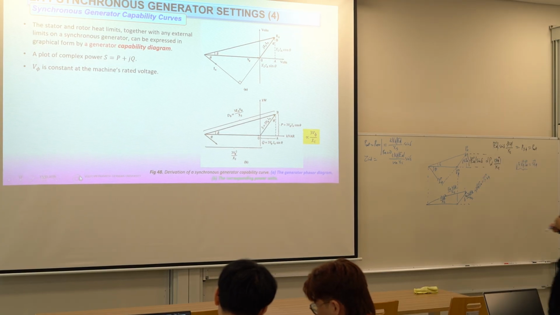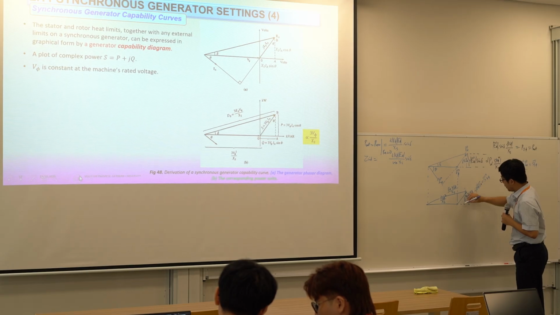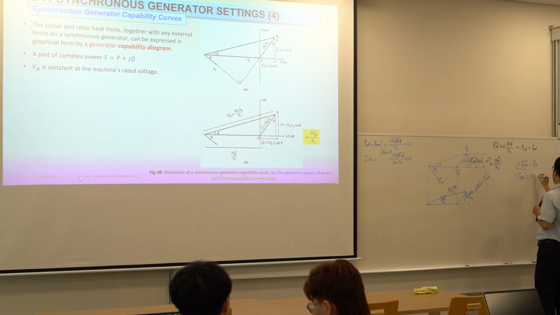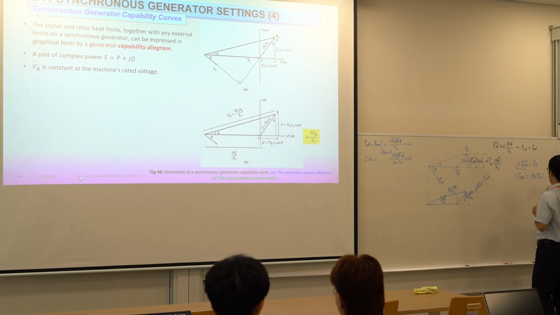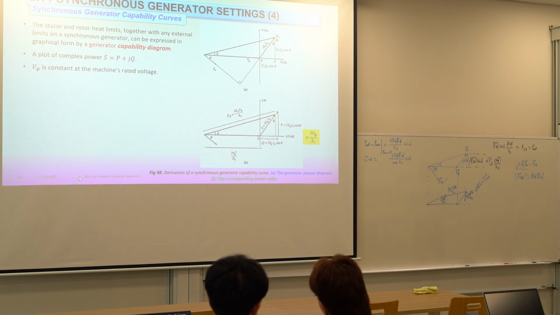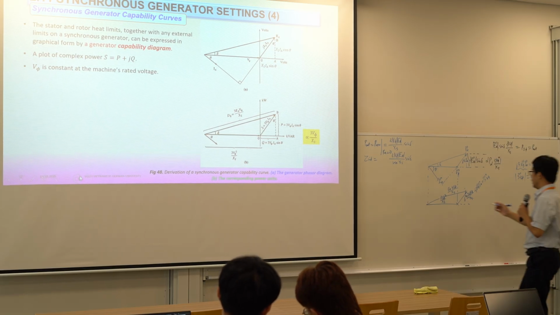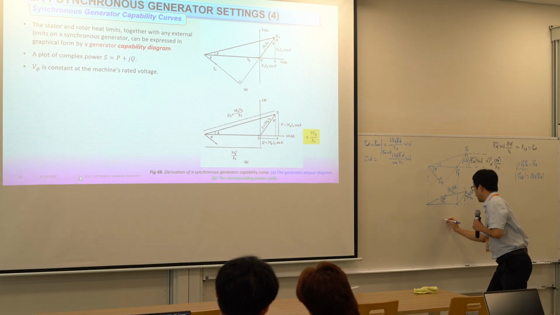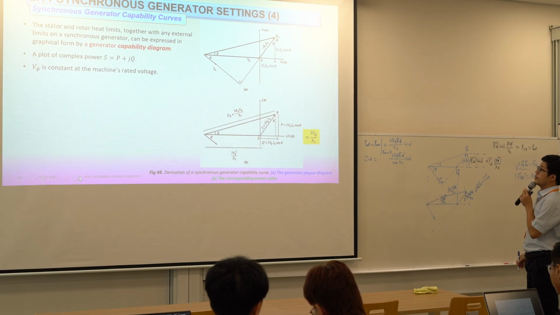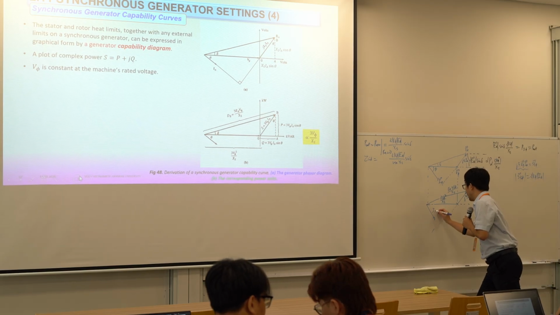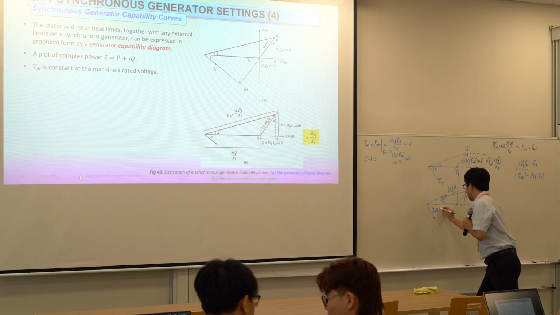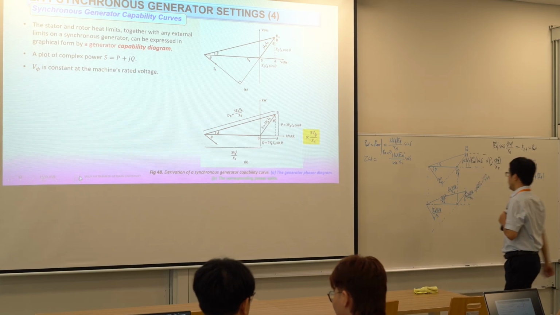So if we consider the segment, the magnitude, you can get 3 phase, IA. We just consider the magnitude. And now we have IA. The segment is IA times 3 V phase over XS.